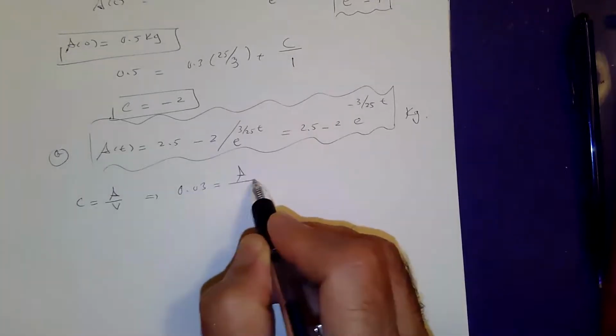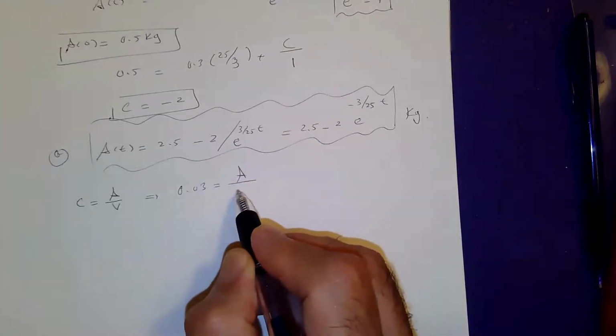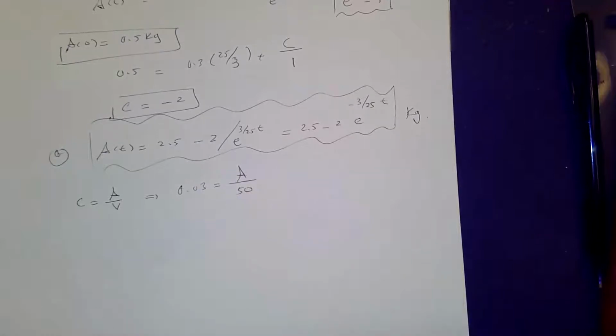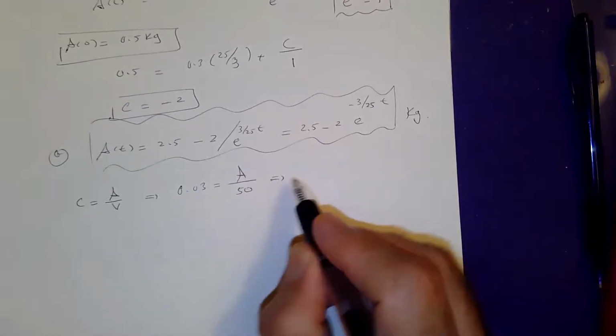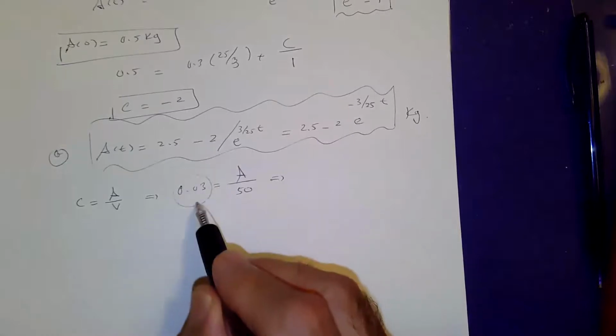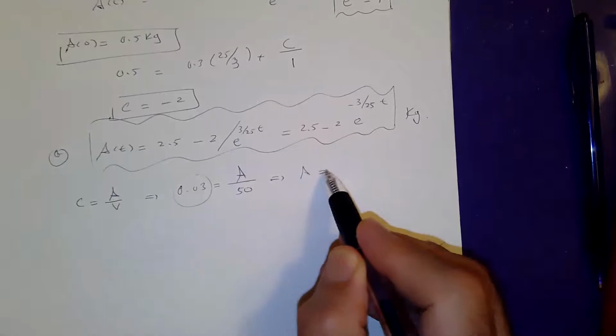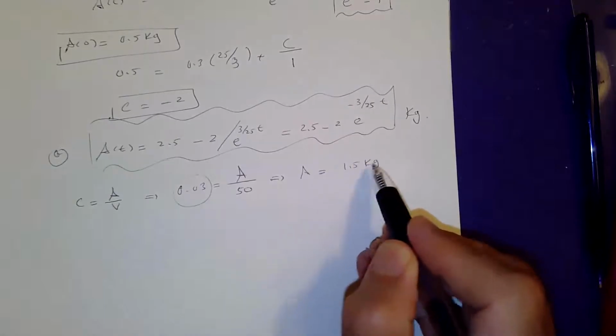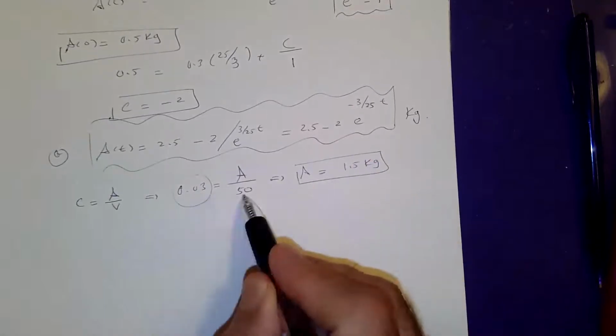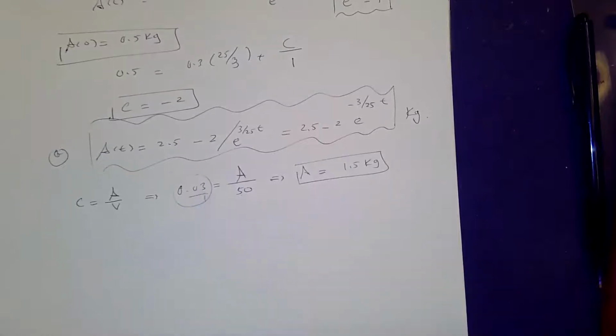You don't know what the amount is, but you do know the volume, which is fixed, 50 liters. So therefore, this tells you when the concentration is 0.03 kilogram per liter, the amount is 1.5 kilogram. Just multiply these two numbers together.